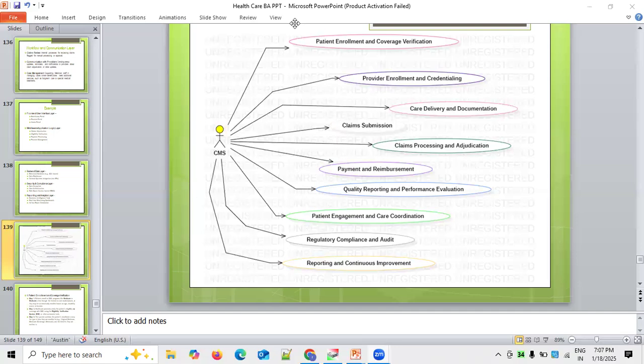So in this process, the first one is patient enrollment and coverage verification. This is the initial step, which majorly focuses on verification as well as approval, followed by the care delivery you are going to perform.